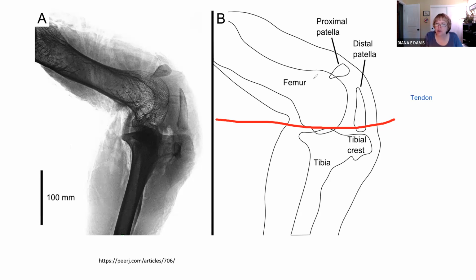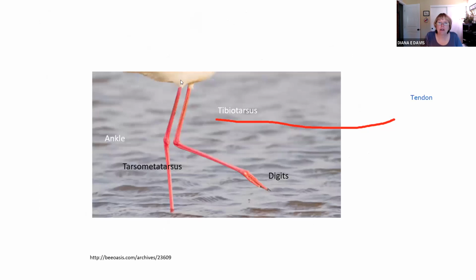This is the joint that moves the leg that we can see forward. So if we go back here, the femur, let me erase this line. The femur would be like right here with the kneecap, and in the ostrich, the patella right here. Okay.